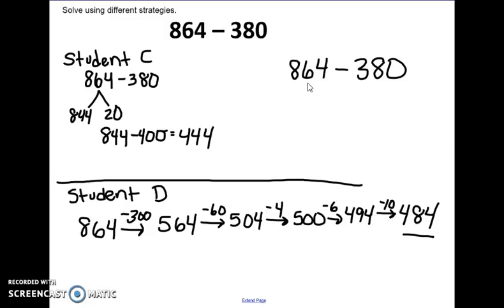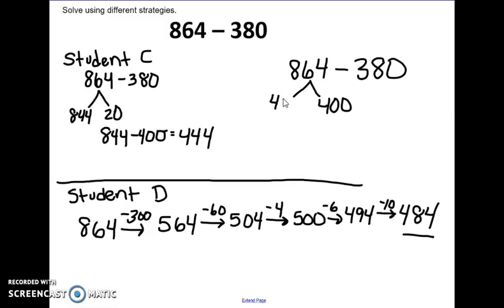Because when we're subtracting, we need to make sure that we are subtracting out the second number. And we want to do that with numbers as easy as possible. So 380 is a 10. So it would be very easy to subtract 100 from 380. So what he should have done was taken out the next 100 for 380, which would be 400. So I want to take out 400 from 864.